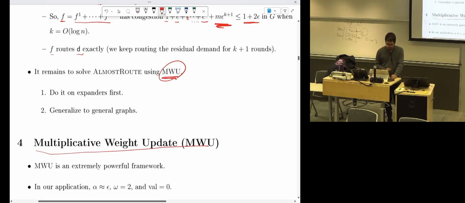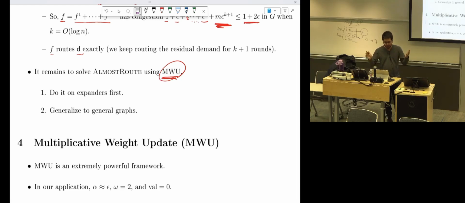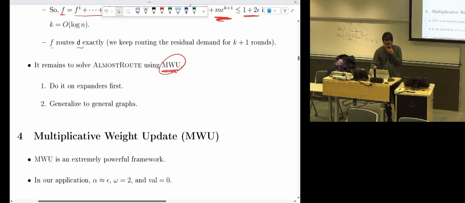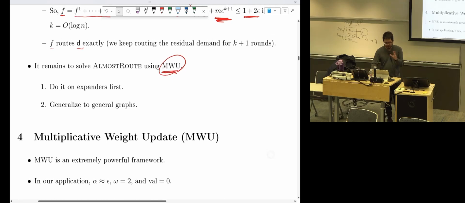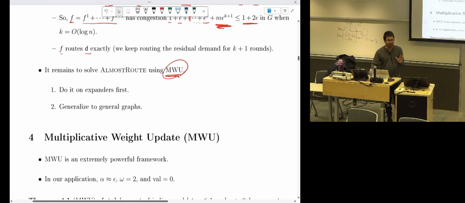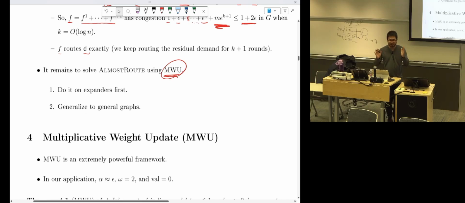You think of it as a framework, MWU, multiplicative weight update. It's extremely powerful, flexible, and appears everywhere. I really encourage you to learn this, but for this class, we're just going to state the theorem.